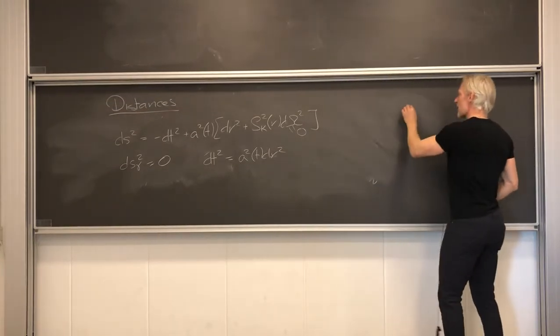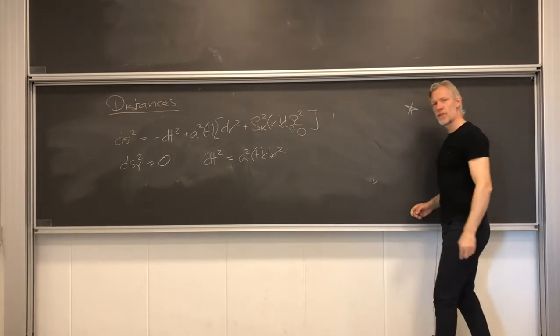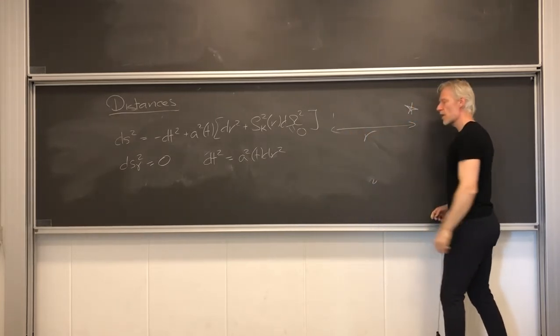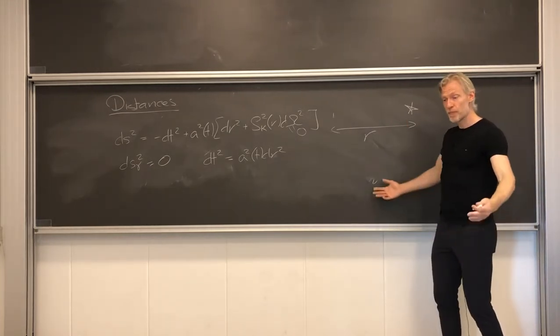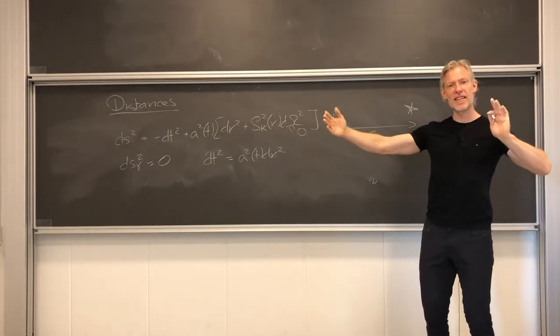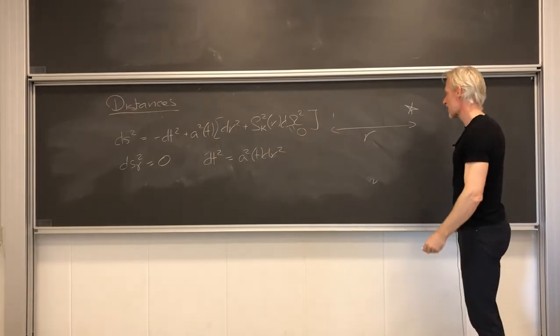Now let's look at some object, and we're sitting down here as the observer. Of course, there's some coordinate distance, radial distance between us and the source. That's a conserved quantity, right? It's only the physical distance that changes, not the coordinate distance. That remains fixed at all times.